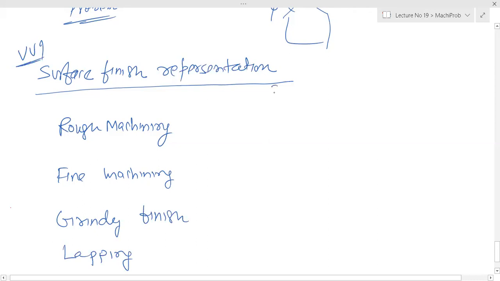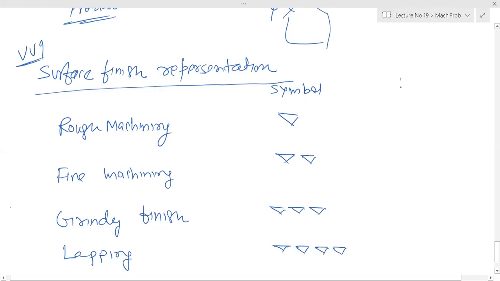So symbols: that is an inverted triangle, this one; this is 2 triangles, this is 3 triangles, and this is your 4 triangles.